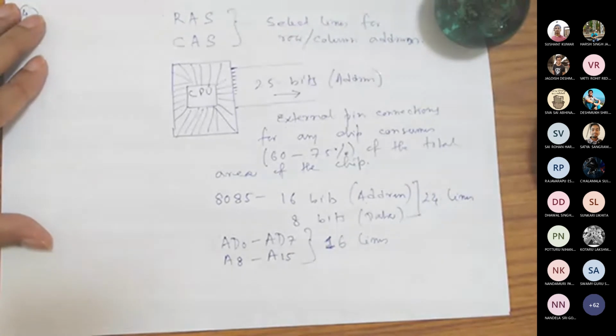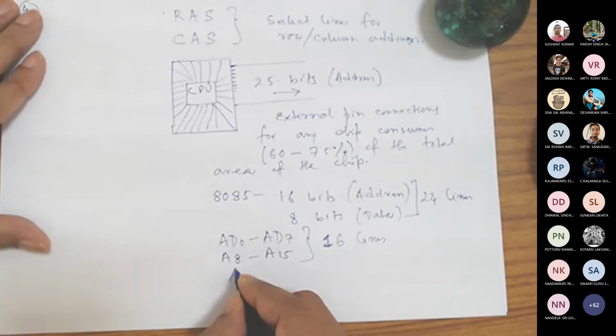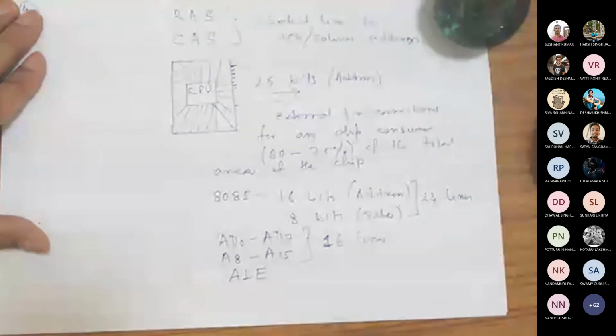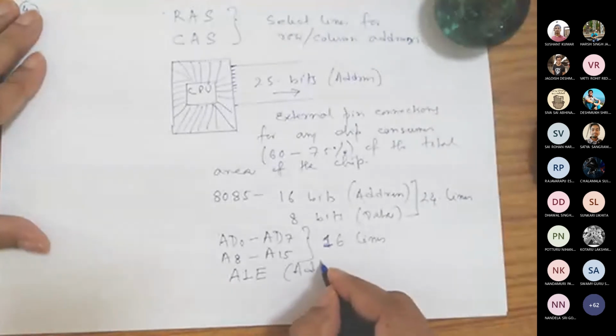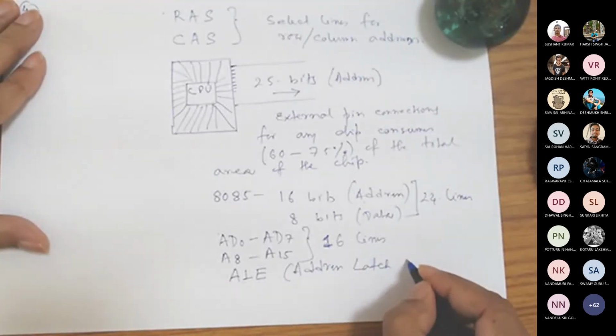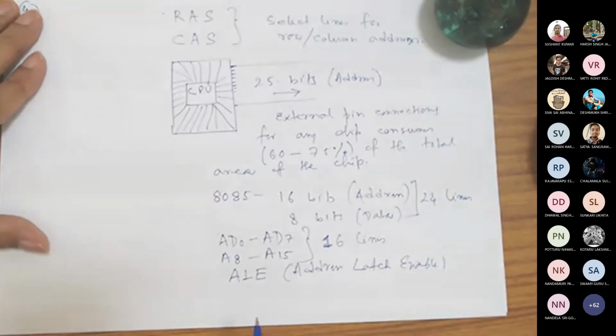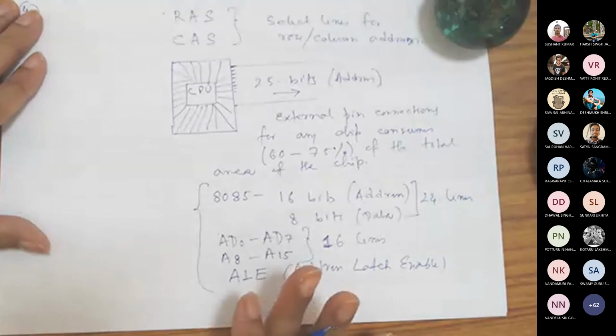That's called multiplexing. So obviously for that you require an additional signal. What is that signal? Address latch enable, ALE. This is specific to 8085, so don't get confused with this one.